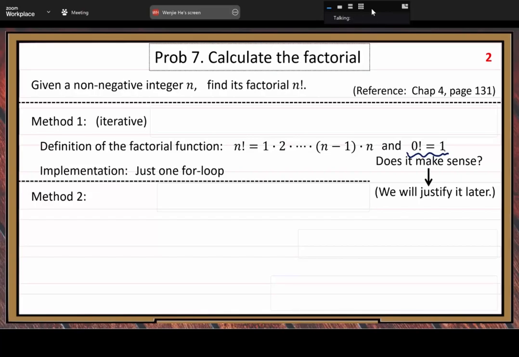Intentionally, we make a recursion representation for this function. Here we practice a general problem-solving approach.